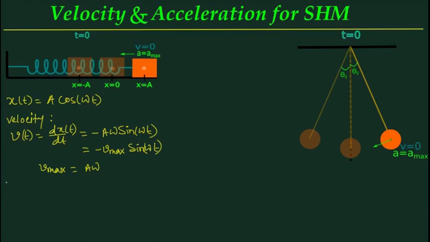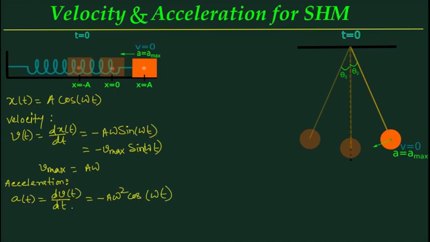Similarly, the acceleration will be a equal to the rate of change of velocity, that means dv/dt. So this is equal to minus A omega square into cosine of omega t, because if we take the derivative of sine omega t, it will give us omega into cosine omega t.